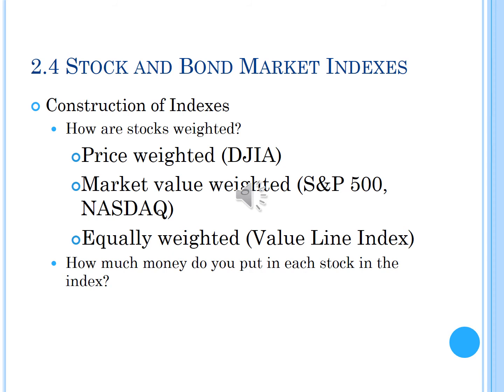A market value weighted index is an index whose return equals the weighted average of the returns of each component security, with weights proportional to outstanding market value. The third approach is equally weighted, also called the value line index, which takes the average for all stocks regardless of their prices and their value. So each stock in the index takes an exact equal weighting.